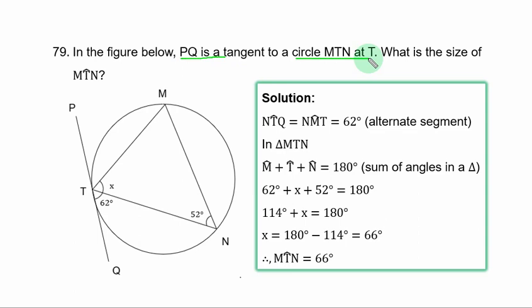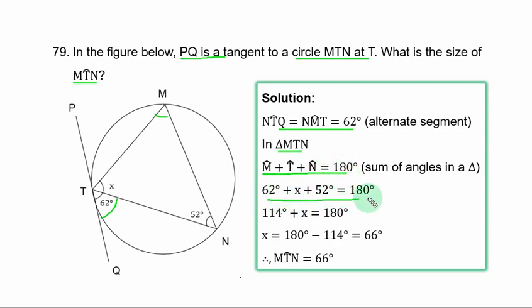What is the size of angle MTN? MTN, that is angle S. To get this angle, we have to consider triangle MTN. This angle is needed, which is equal to 62 degrees, alternate segment. In triangle MTN, if you add the three angles, the sum is equal to 180 degrees.